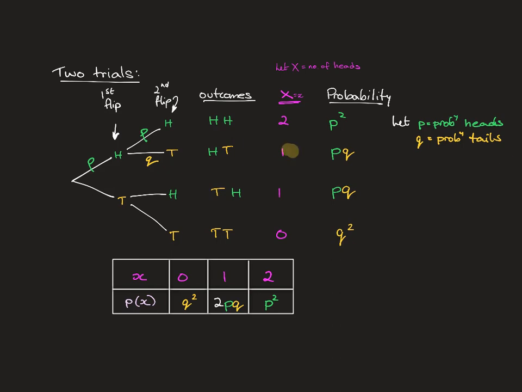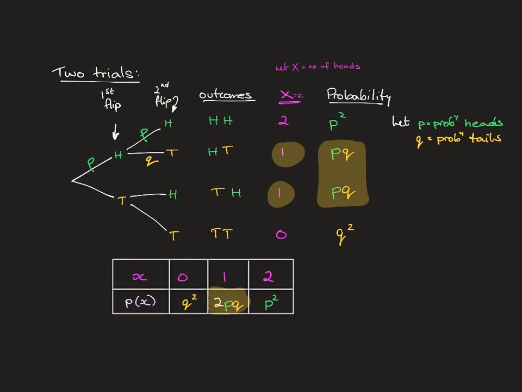We've got 1 here and 1 here, so to find the probability of X equal to 1, we add these two together. So PQ plus PQ gives us 2PQ, and of course finally 2 heads is just P squared.